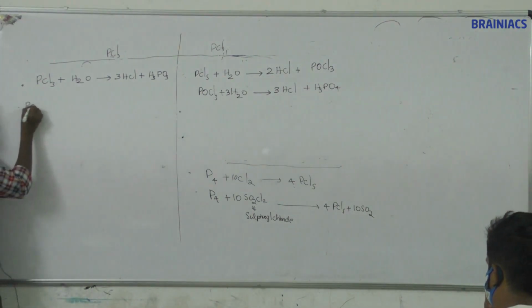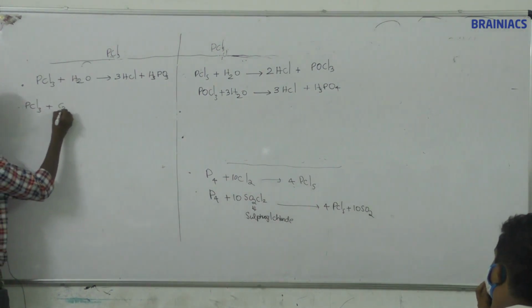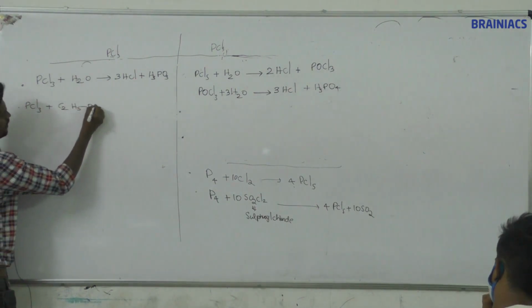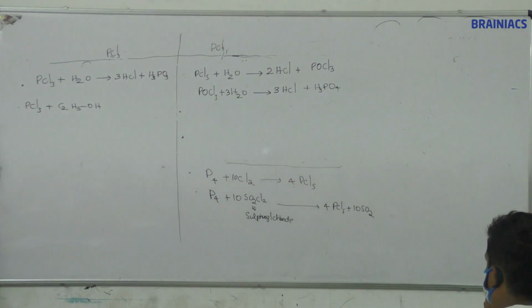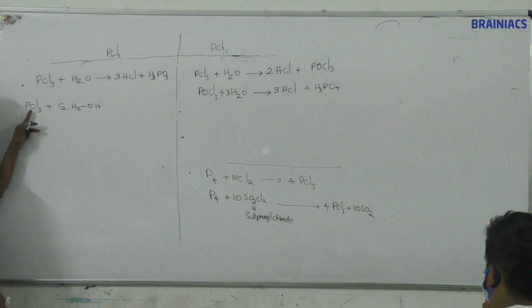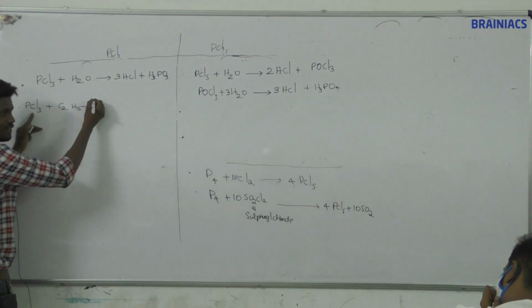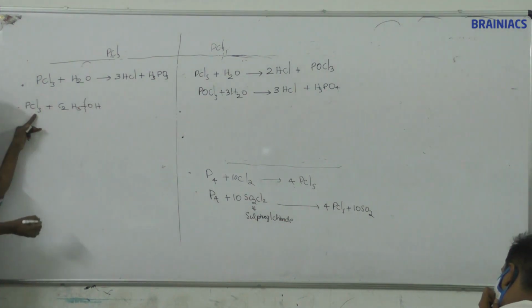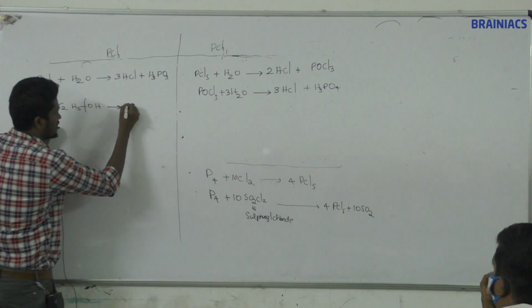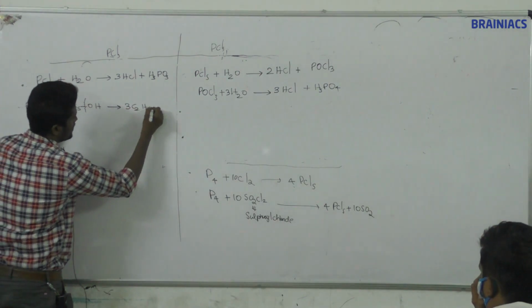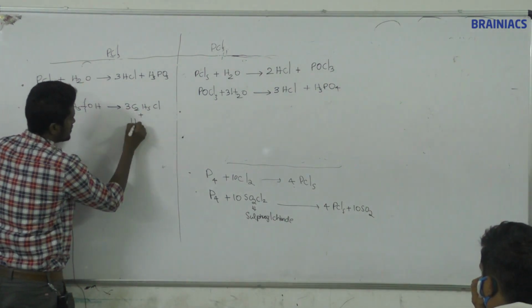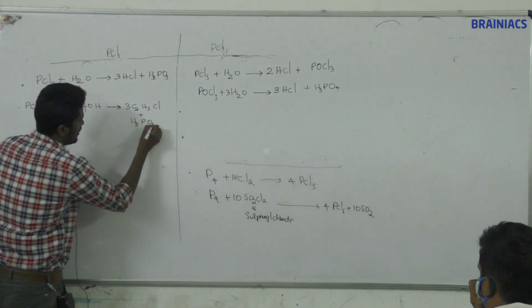And the same way, look here. PCl3 with the organic compound containing OH, so here 3 Cl, so 3C2H5Cl plus H3PO3.